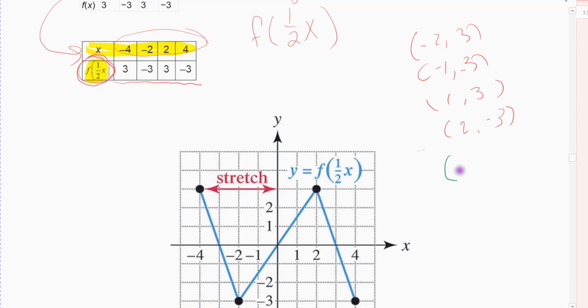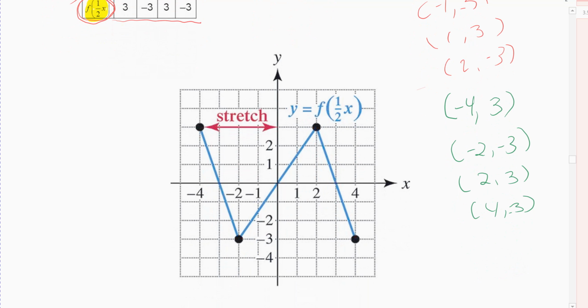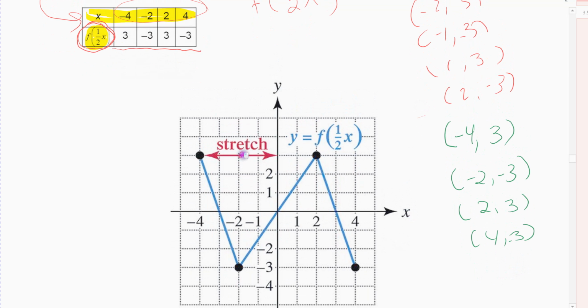The y values stayed the same, so my x values were at negative 4 to get me to the 3, negative 2 to get me to the negative 3, positive 2, 3, and positive 4, negative 3. And so that's the new function. The old function was here, right? The old function was at negative 2, 3, negative 1, negative 3, 1, 3, and 2, negative 3. So this is where the old function was.